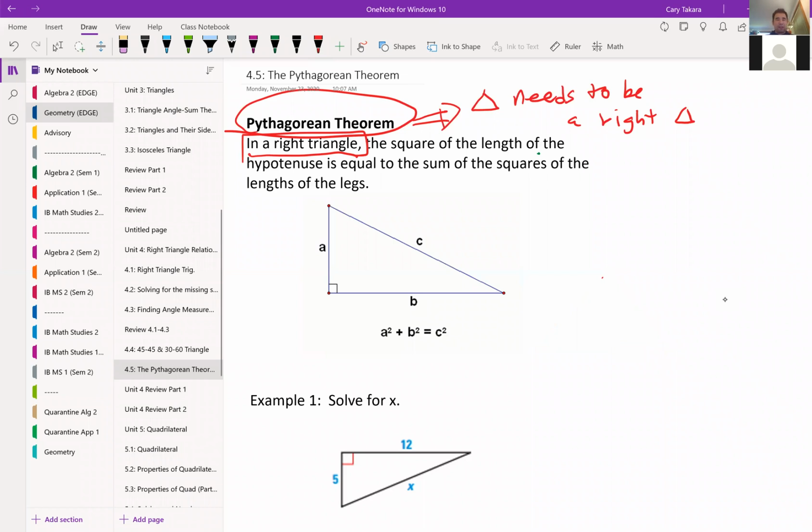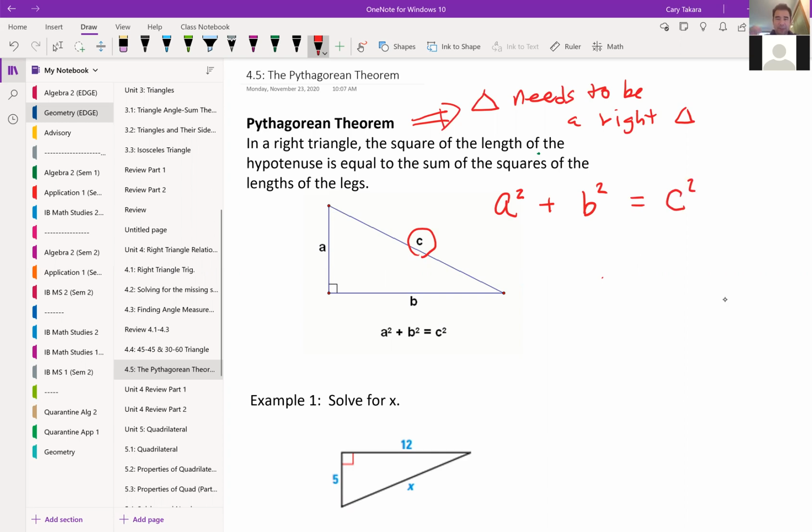Okay, so it has to be a right triangle, and the square of the length of the hypotenuse is equal to the sum of the squares of the lengths of the legs. Now, it sounds really complicated, but the hypotenuse is C. Let's write this down.